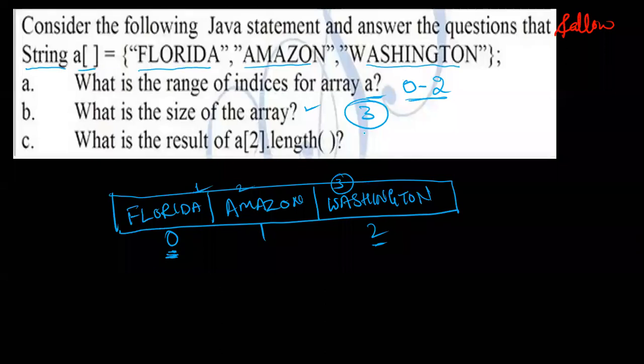Wait, sorry, this is not size. One minute. You can write 3 elements for now. Later I will explain how to calculate the size of the array, because it is actually different.